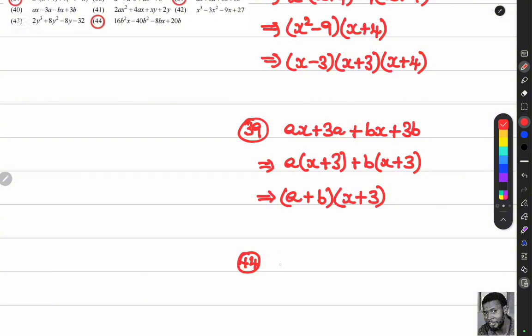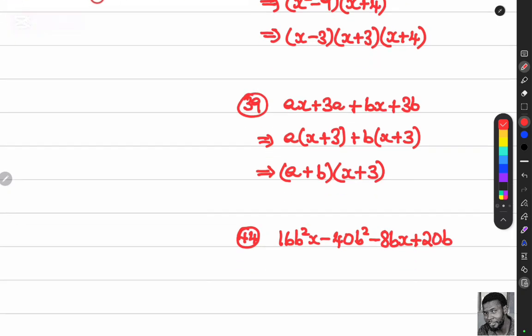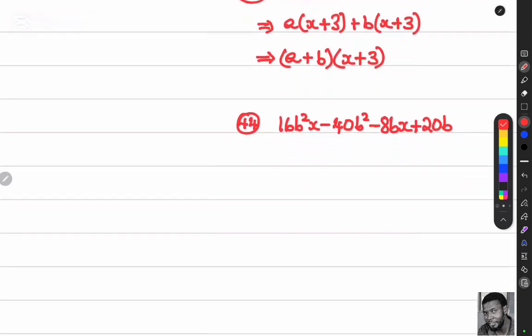We've got 16b squared x minus 14b squared minus 8bx plus 20b. So this is the one you need to factorize by grouping.